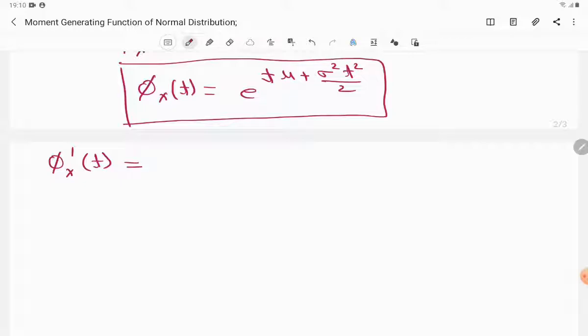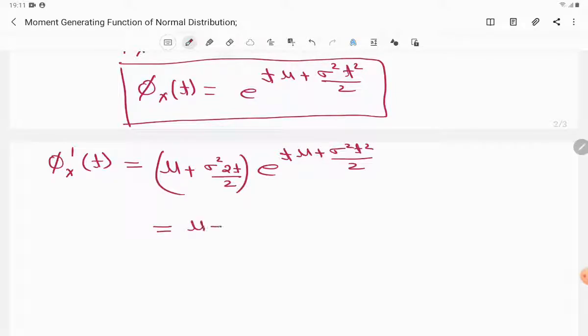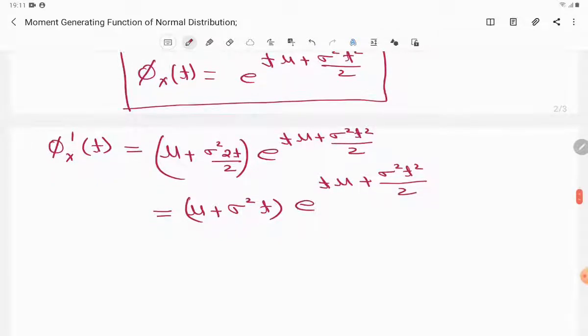If I find that, I can simply write it as something like this, and whatever I have at the top becomes mu plus sigma square t square over 2, so sigma square into 2t divided by 2 will come. So you can see I will have mu plus sigma square t into e power t mu plus sigma square t square divided by 2. That is what I am going to have.